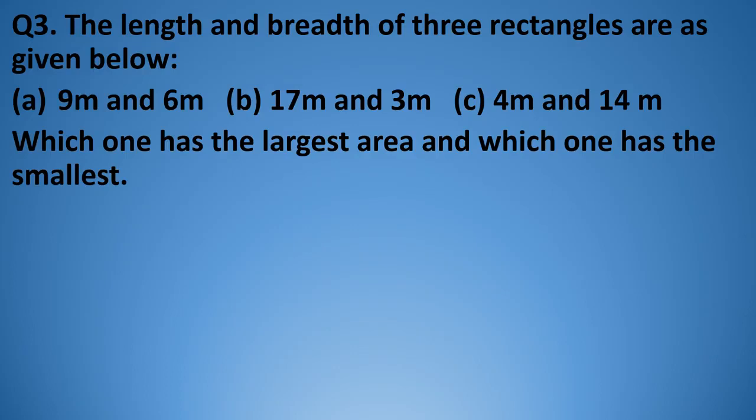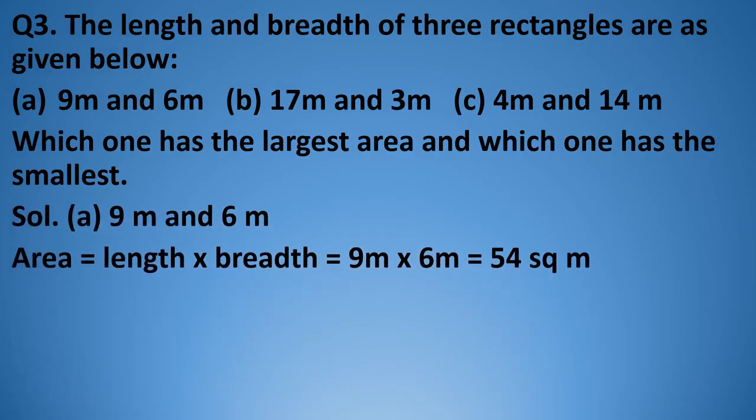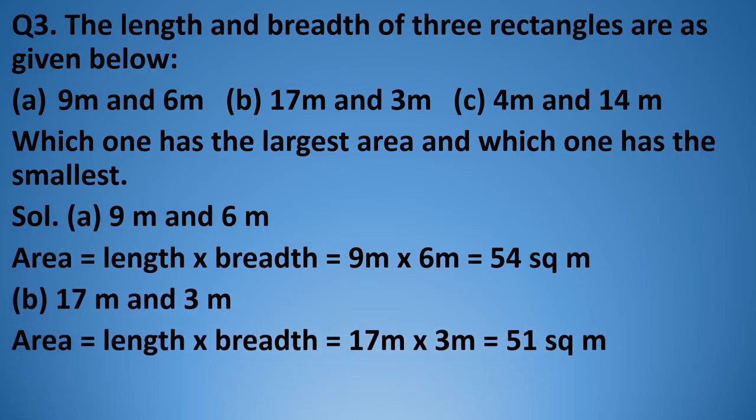So let us find out the area of first rectangle. 9 meter by 6 meter. Area equal to length multiplied by breadth. It is 9 meter multiplied by 6 meter, which is equal to 54 square meter. B, 17 meter and 3 meter.